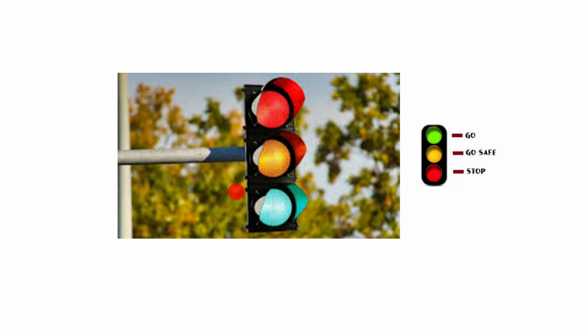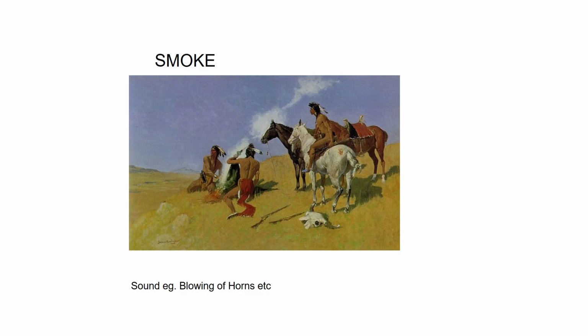So the light is a medium that's conveying information, and that light has color that essentially we have all agreed that red will mean this, amber will mean this, and green will mean something else.